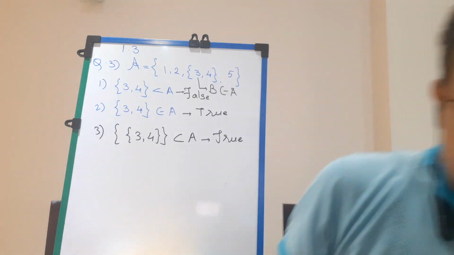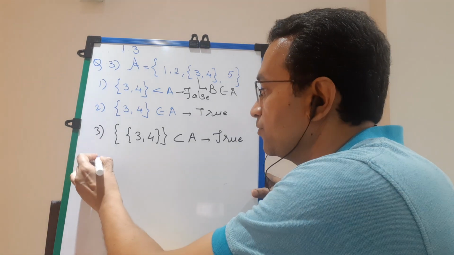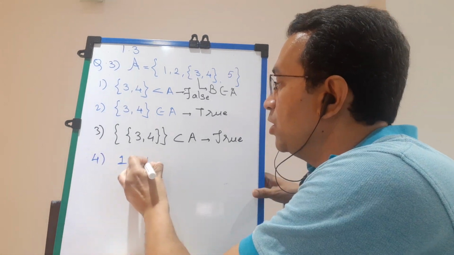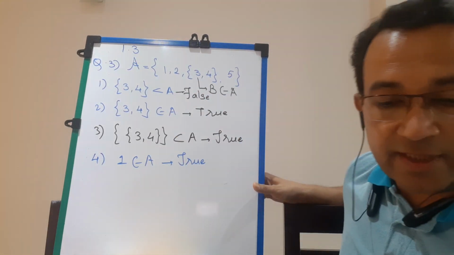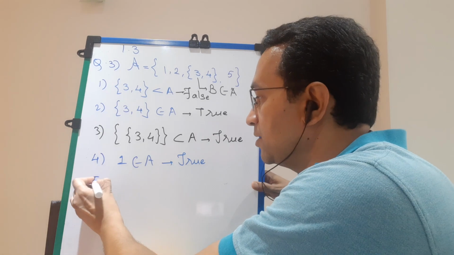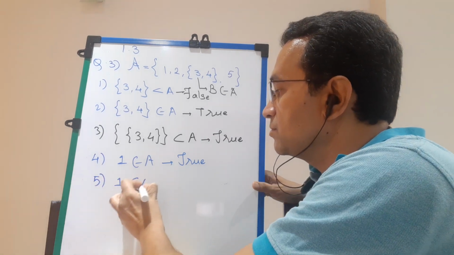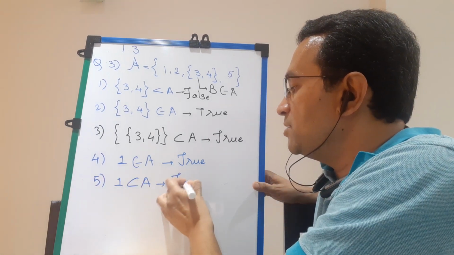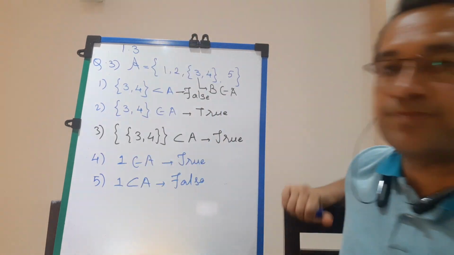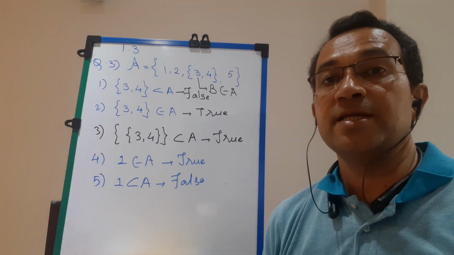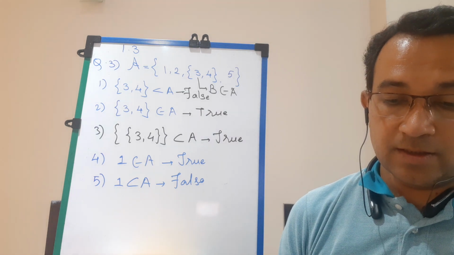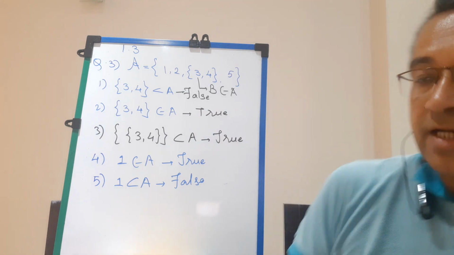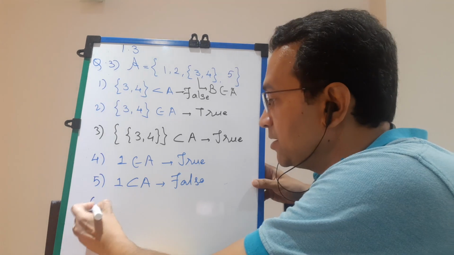Now 1 belongs to A. Question 4. 1 belongs to A. True. Because 1 is an element of set A. 1 subset of A. False. This statement is false because 1 is an element of set A. Then 1 to 5 subset of A. Absolutely right.